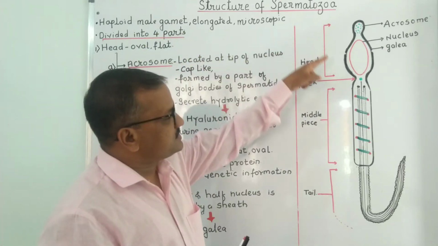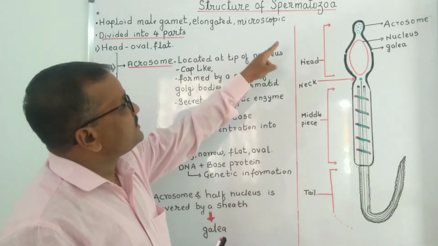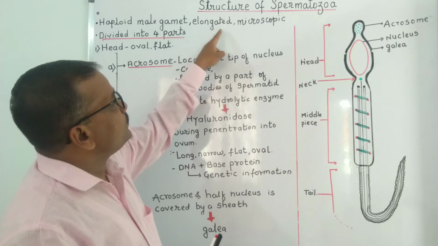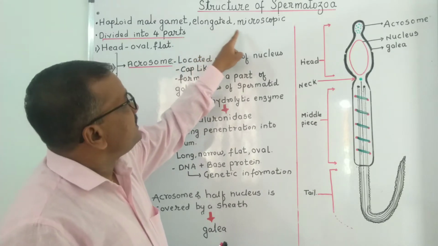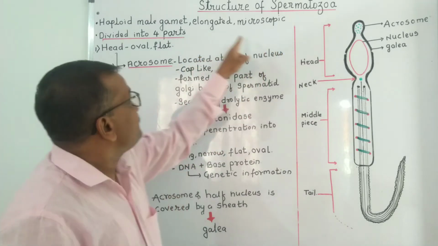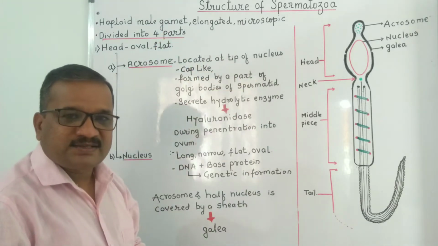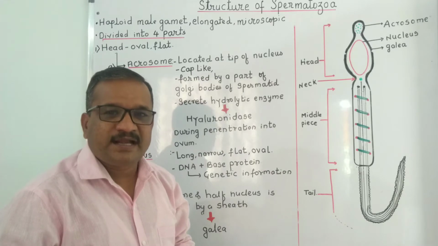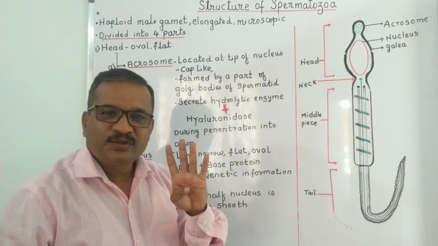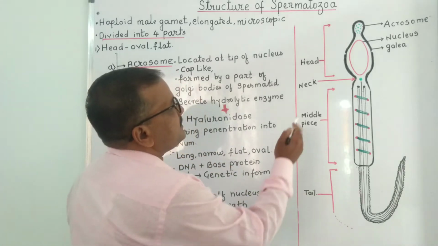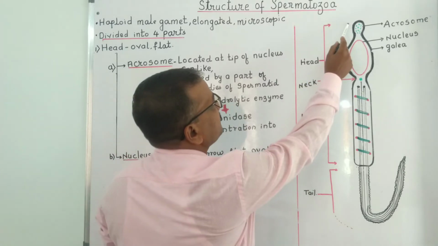So if you see the structure of sperm or spermatozoa, how does it look? It is elongated, it is microscopic, and its body is divided into 4 parts. So spermatozoa is divided into how many parts? It is divided into 4 parts. Number 1 is called the head region, from here to here.